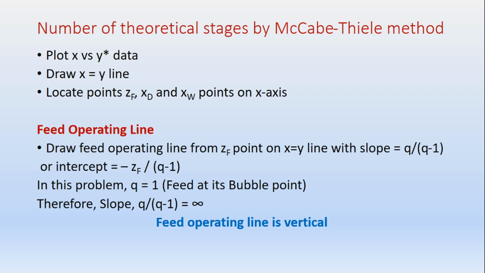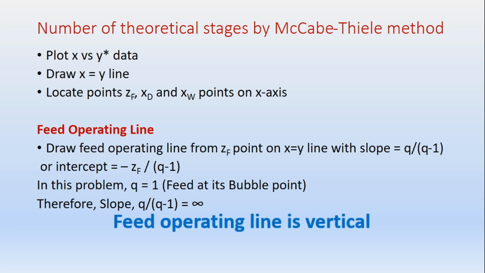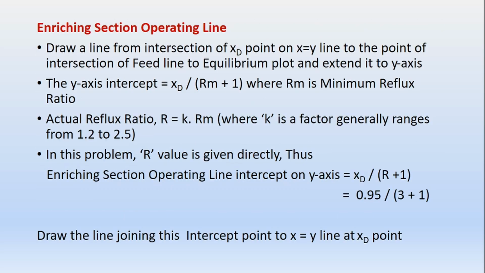So the slope of the feed operating line, which is q by q minus 1, is infinity. So therefore the feed operating line is a vertical line. Okay, so we draw a straight vertical line from the xF equal to zF point on the x equal to y line. So that will be the feed operating line.